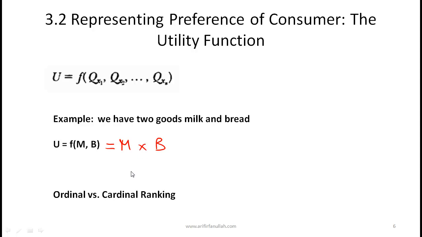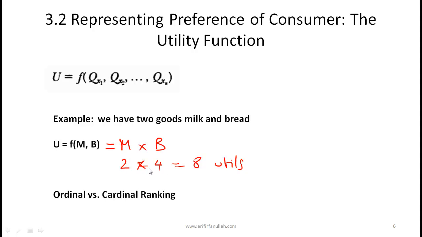So in other words, if a consumer gets 2 cups of milk and 4 slices of bread, then his utility is 8 utils. So there is a way of coming up with how happy the consumer is with a given basket that has these 2 items in this quantity.